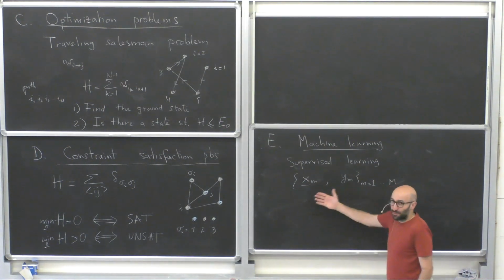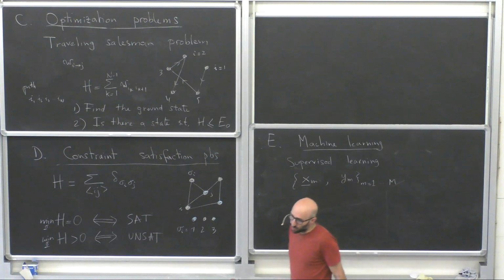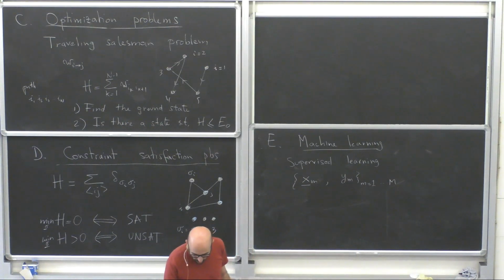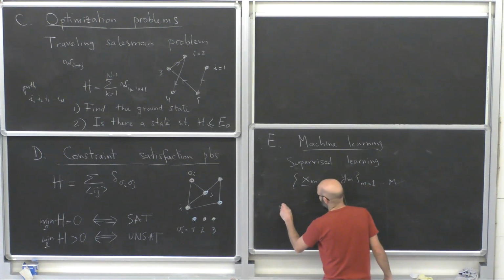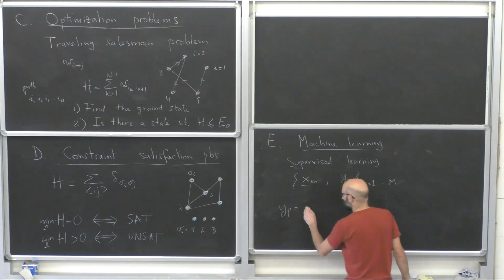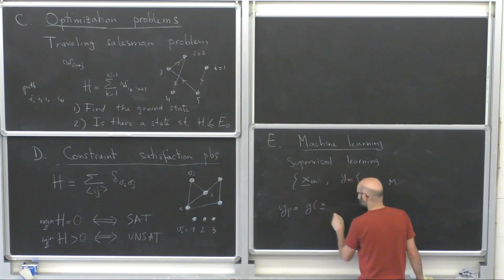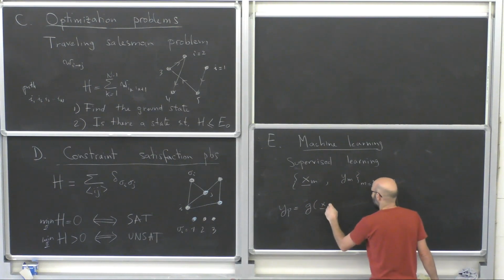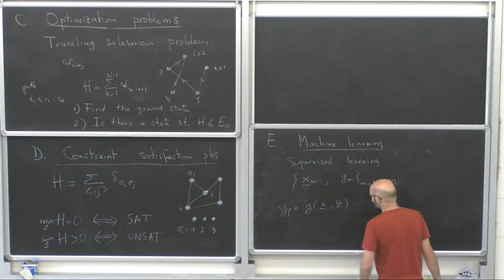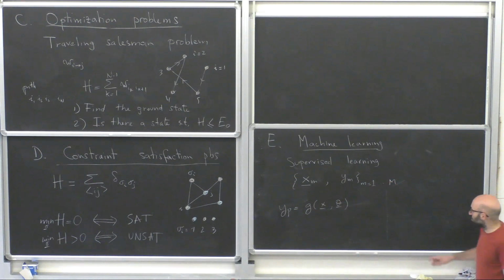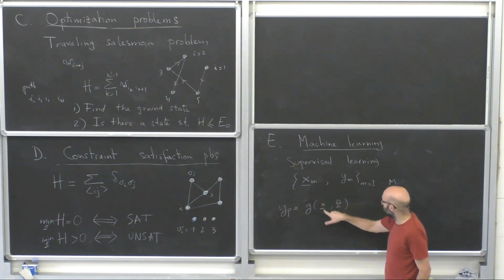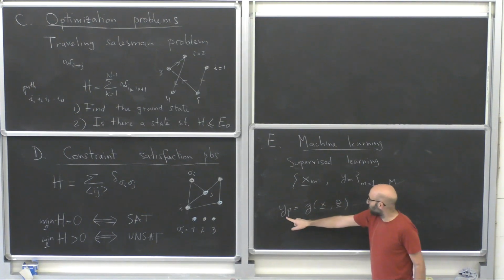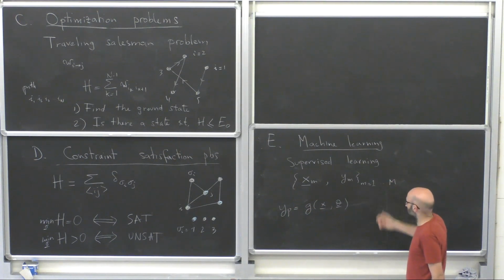So what do you want to do? Well, you want to basically fit this. You want to learn a function G that depends on some parameters theta. If you show this function an input, you want it to output the probability that the label is a certain label.